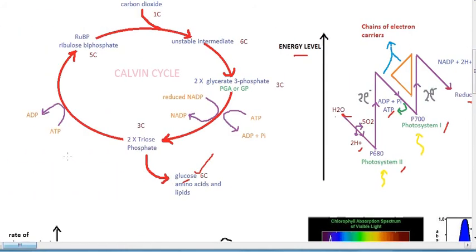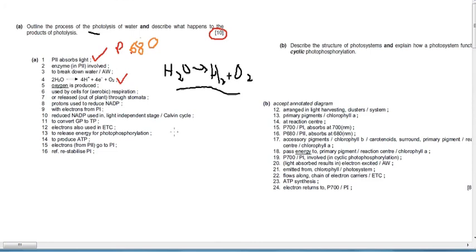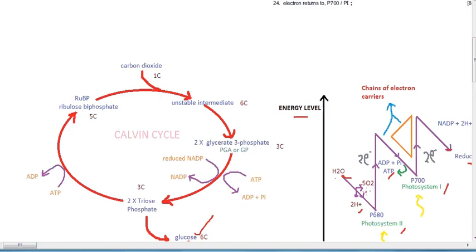Now we come back to the photolysis of water. So photosystem 2 absorbs light, and the enzyme in photosystem 2 is involved to break down water to this 4H, 4 electrons and oxygen, okay? Oxygen is produced, as we can see here. Oxygen is produced, right?